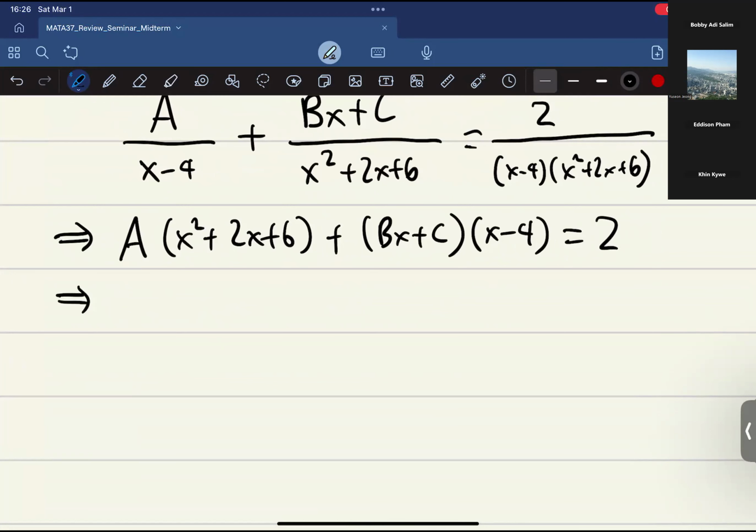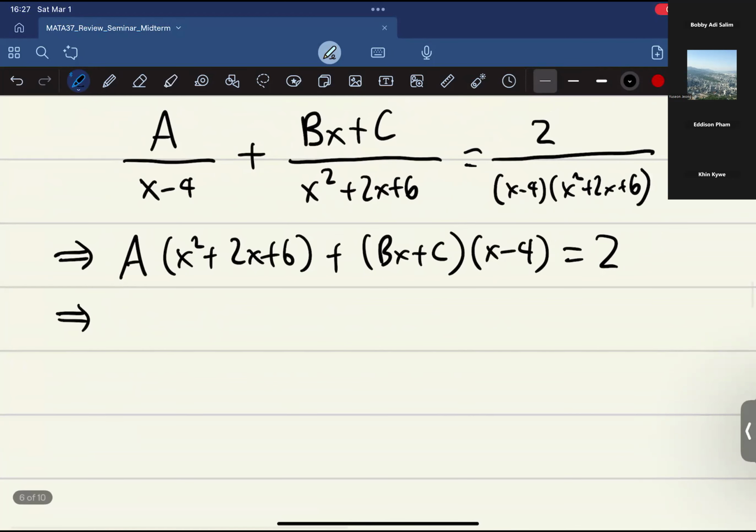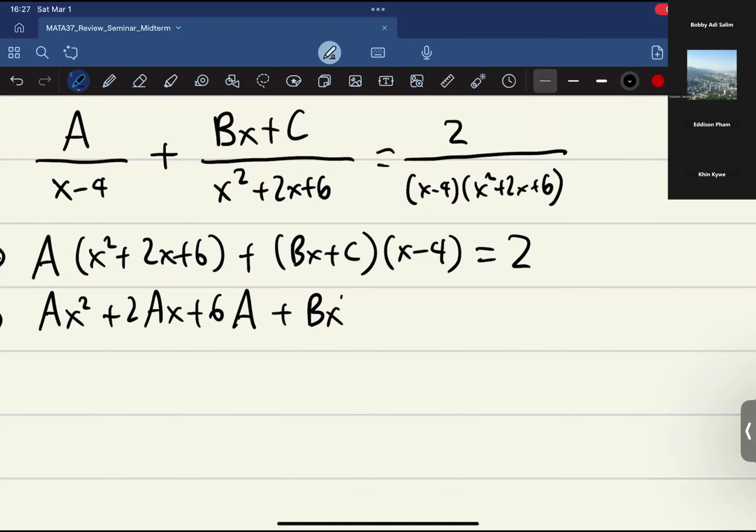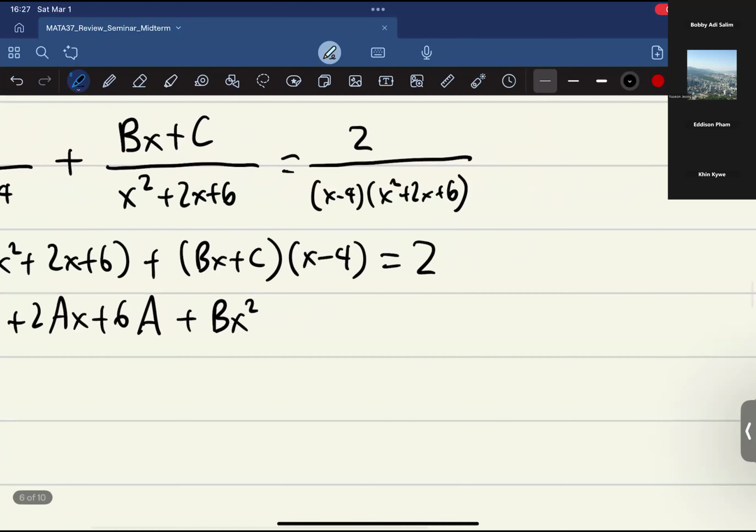Then we can distribute all these terms and get ax squared plus 2ax plus 6a plus bx squared minus 4bx plus cx minus 4c equals 2.